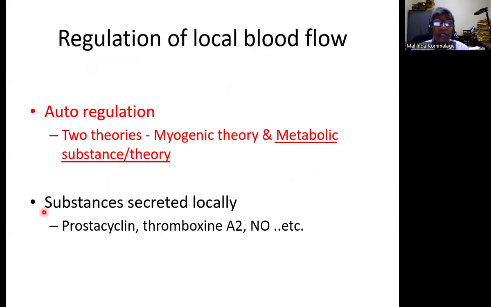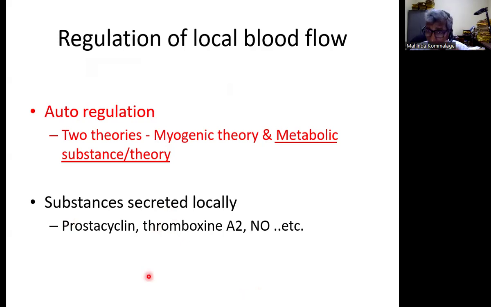In addition to that, we secrete some substances purely locally. The substances you learned earlier are hormones coming from outside. But some substances like nitric oxide, thromboxane, and prostacyclin are local tissue products. The endothelium or some other places will secrete them and they will act as a vasodilator or vasoconstrictor.